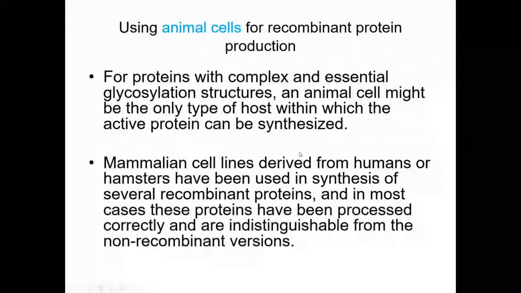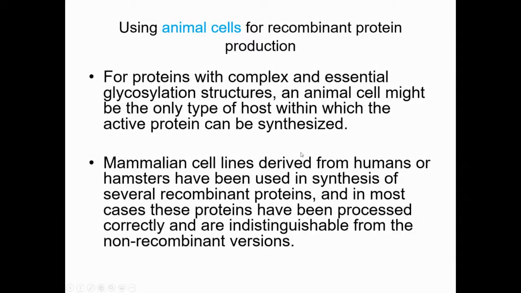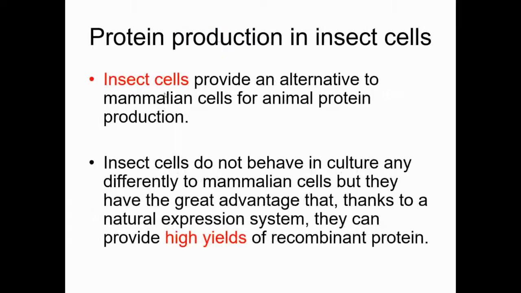And for the animal cell to produce a recombinant protein, that can give you the complex and correct glycosylation structure. All right, that's why you use the animal cell for recombinant protein production. Okay, and so you can use the insect cell as well.